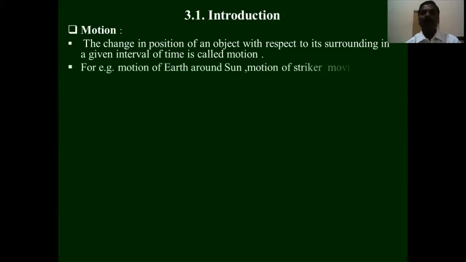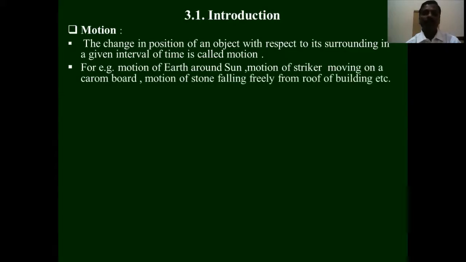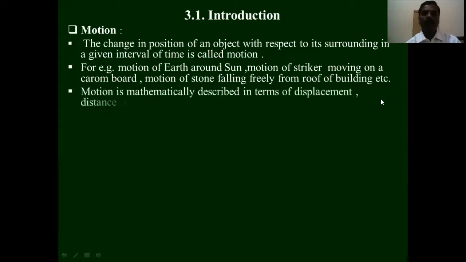If we observe, then you will get the different examples in which we can say the object is in motion. So let us consider the example like motion of Earth around the sun, motion of all the planetary system you can observe under this motion, then motion of the striker on the carom board, motion of the stone falling freely from roof of the building.